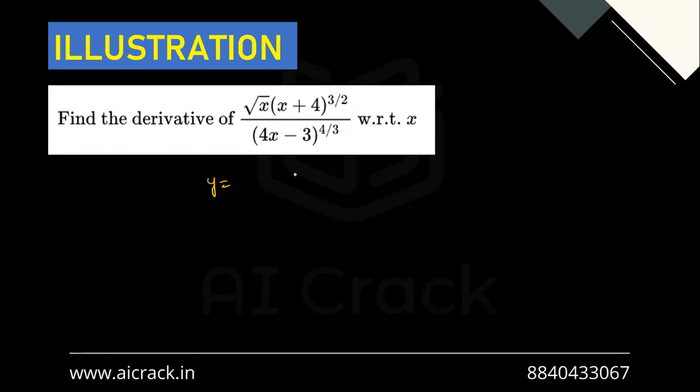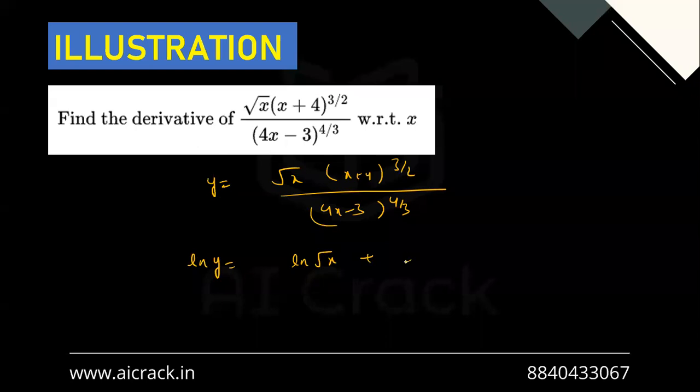So let's take the function y equals root x times (x plus 4) raised to the power 3 by 2, divided by (4x minus 3) raised to the power 4 by 3. Now let's take ln on both sides. ln y would give me ln root x plus ln (x plus 4) raised to the power 3 by 2 minus ln (4x minus 3) raised to the power 4 by 3.